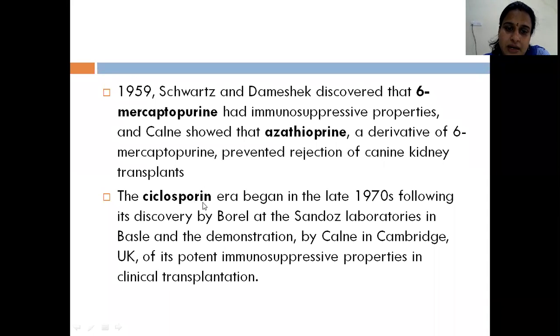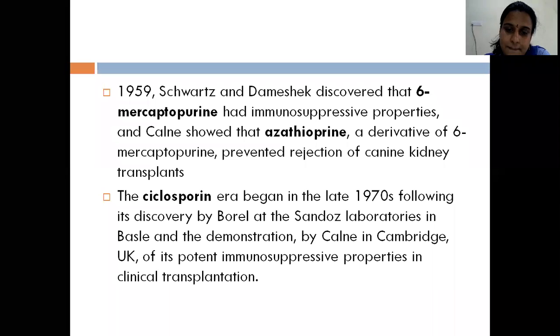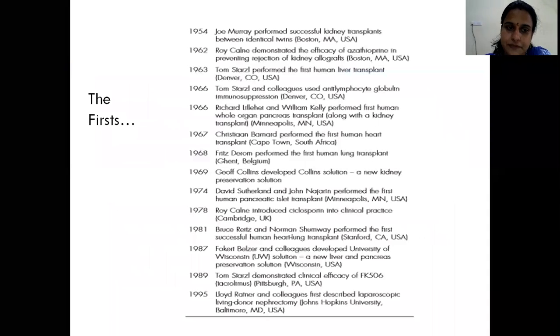Next, the cyclosporin era began in the late 1970s following its discovery. With the help of this discovery, they were able to achieve successful transplantations. That is, the transplant rejection rates and failure rates decreased.